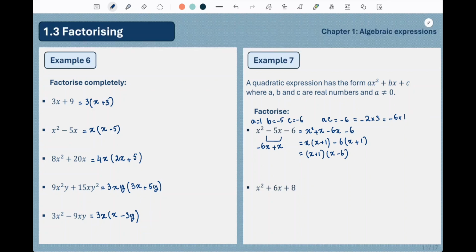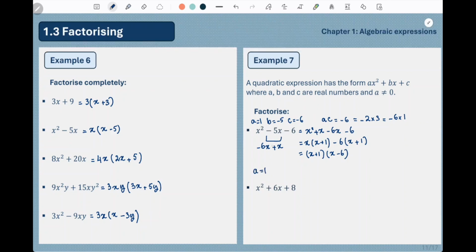In the case where the question is about factorizing, it's necessary to go through all of these steps. But in the case where factorizing is just part of solving, you can easily do it directly. You do x plus 1 and x minus 6 here when a is 1.